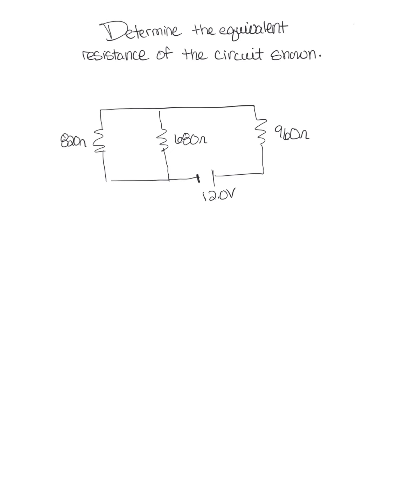You know that for series, all we do is add the resistances, so R1 plus R2, etc. But for resistors in parallel, we do 1 over. So we take the sum of the reciprocals, and we take the reciprocal of the sum, etc., like that. If we look at these, initially it may look like these three are in parallel, but they're not. And I want to explain why they're not.